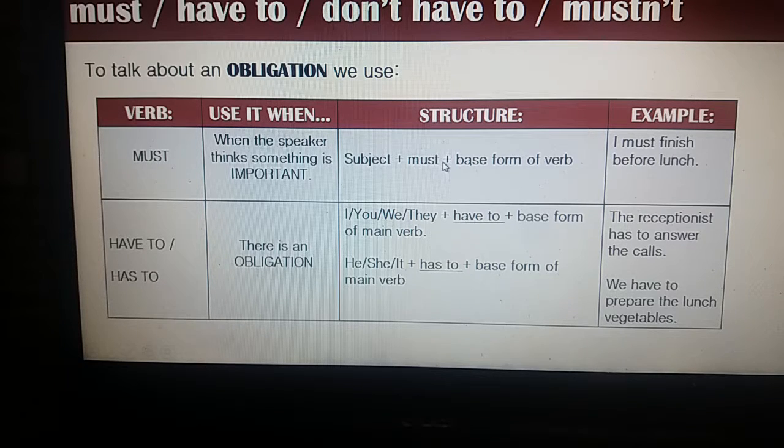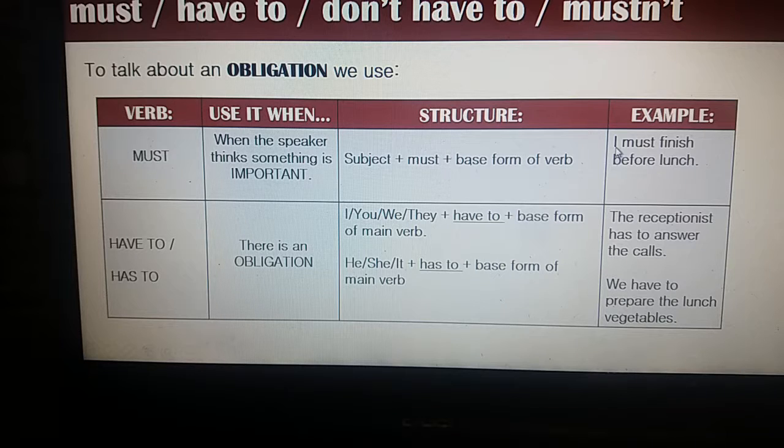The correct form is Fernando must without the S. And you have to use a base form of the verb. That means that the action that you are referring to is going to use the base form.